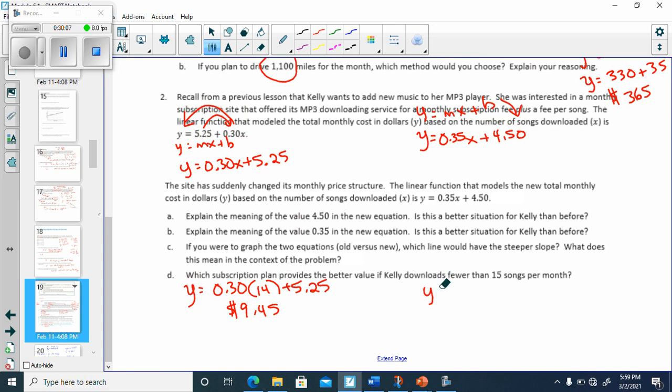Here, y is equal to 35 cents per song times 14 songs plus 450. Okay, 35 cents per song times 14 songs plus 450, and that would give you $9.40.